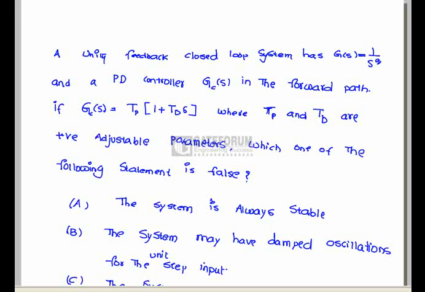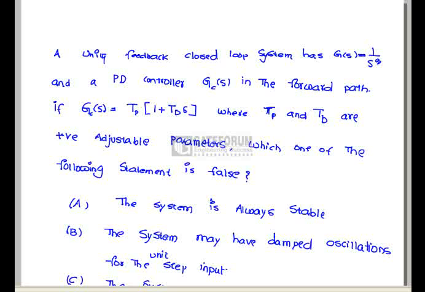Next question: a unity feedback closed loop system has open loop transfer function G of s equals 1 by s square and a proportional derivative controller Gc of s in the forward path equals Tp into 1 plus Td s, where Tp and Td are positive adjustable parameters. Which one of the following statements is false regarding the above unity feedback closed loop system?